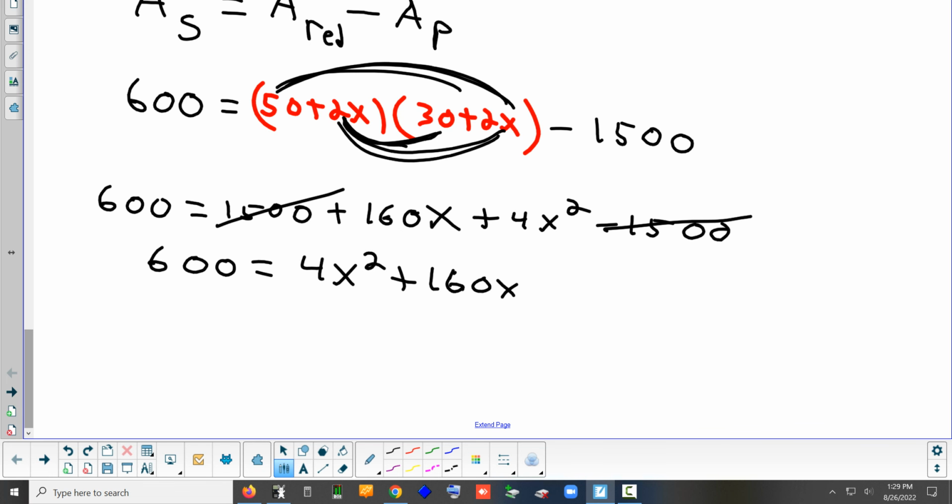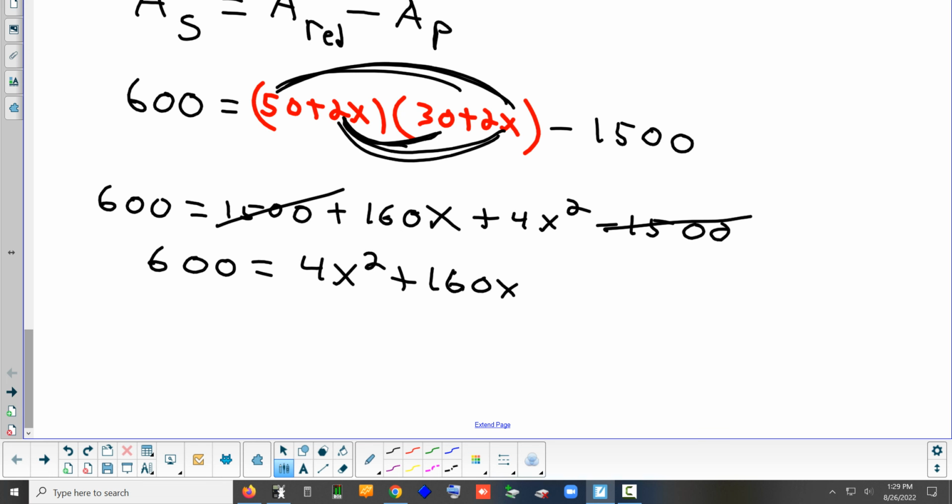If the highest exponent was a 1, it would be linear, but it's not linear. Exponential is when the exponent is a variable. We'll talk about those much later. But this is a little simpler than exponential because the exponent is still a number. That's a quadratic. So we have a quadratic equation.